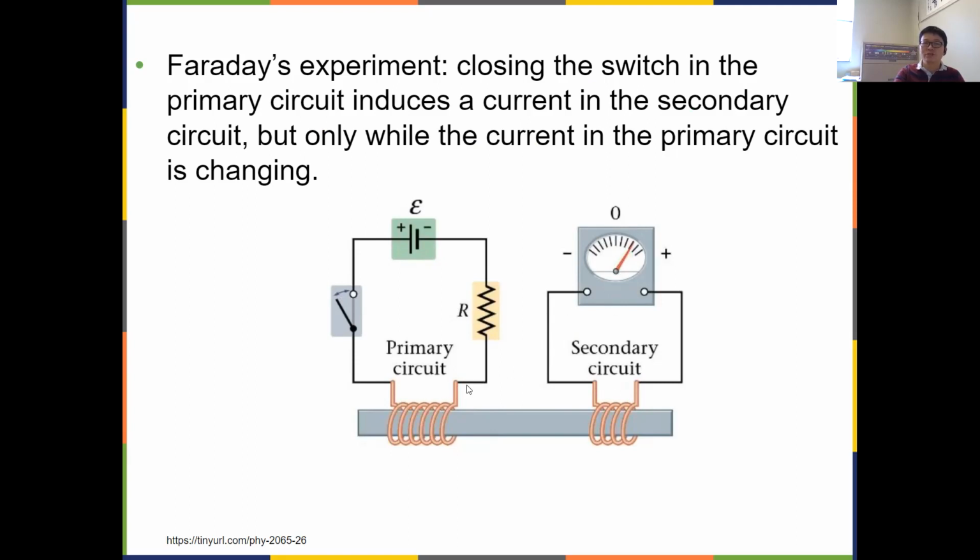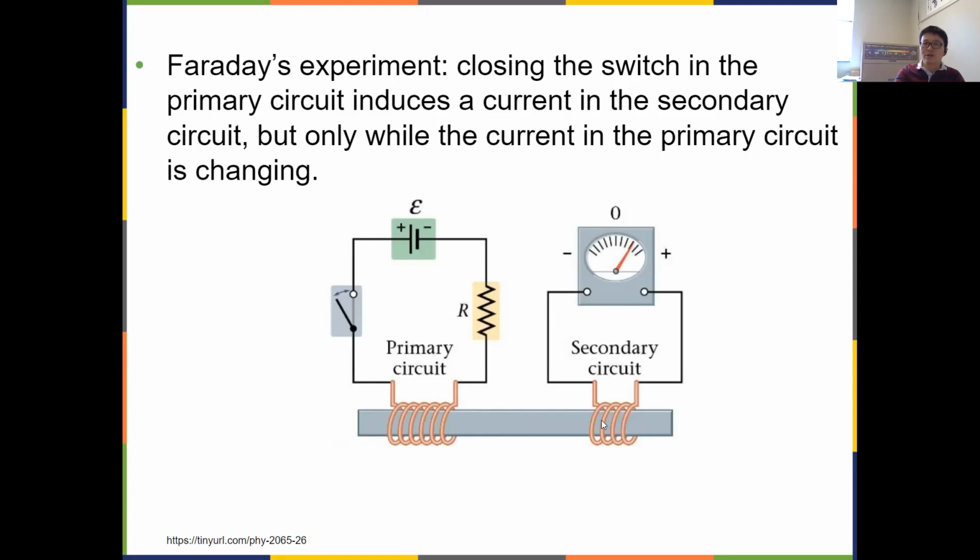So there's no change in the coil, because the current in the coil produces a magnetic field, and different currents produce different magnitudes of magnetic field. So the magnetic field strength is changing. Only when you have a changing magnetic field strength do you get an electric field generated here.